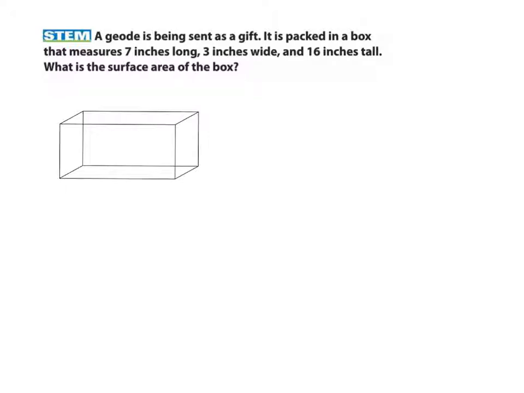So it says that we have 7 inches long, 3 inches wide, and then we have 16 inches tall. Look at this piece. We're going to start here. That piece right there, if we found the area of it, is going to be 16 times 3.